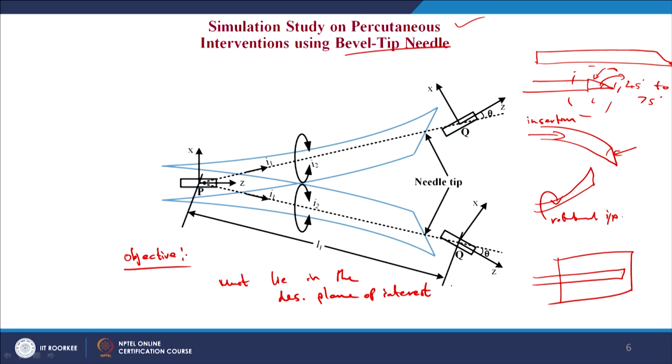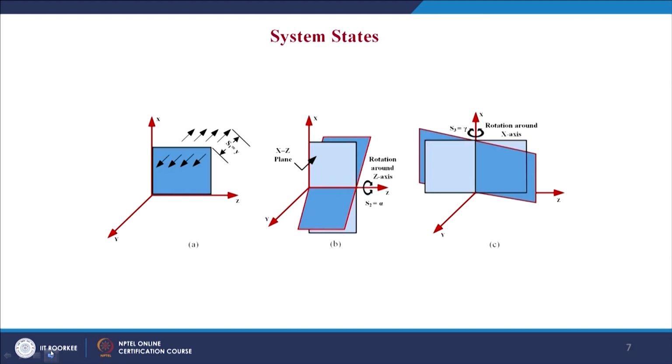This is the important objective of this research study, and we have considered the system states in order to satisfy the objective. The first state is the distance away from the plane that is shown in the figure.